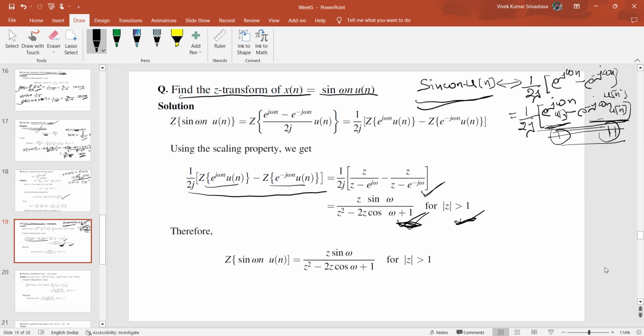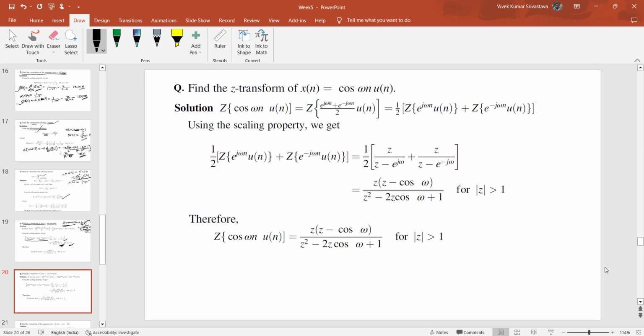Okay, similarly, by using the previous method, you can find out the z transform of cos of omega n into u of n. So first we will express this cos of omega n into u of n in terms of complex exponential terms, which is e raised to the power j omega n plus e raised to the power minus j omega n by 2.